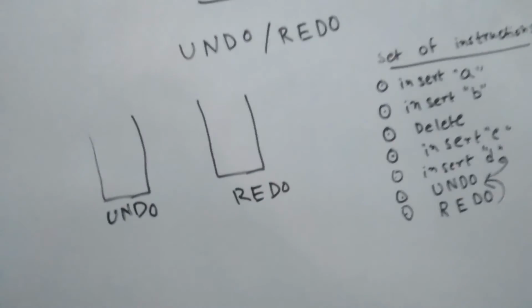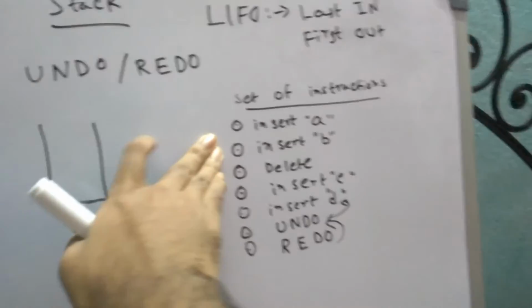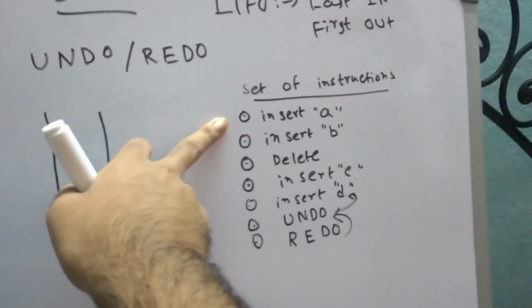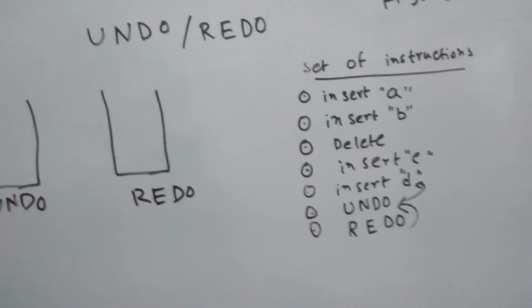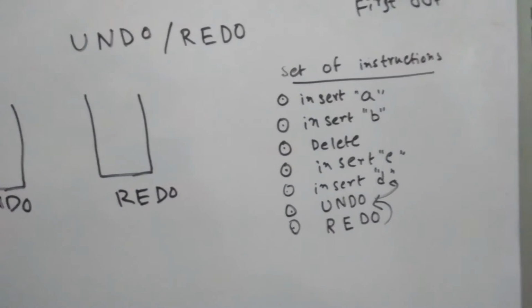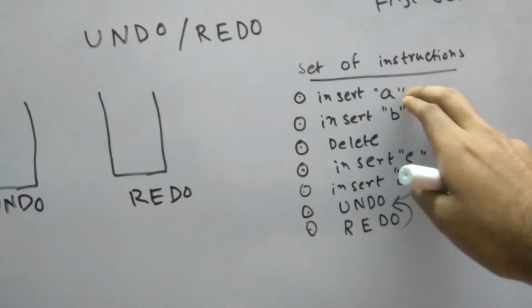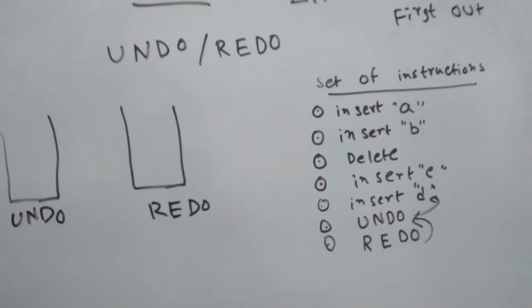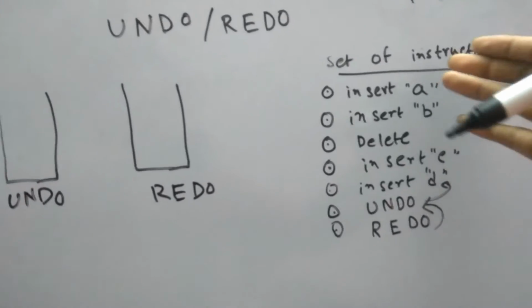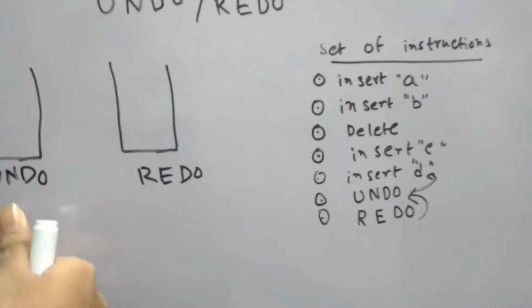What we will do in the undo stack is, suppose we have some set of instructions, we will store the opposite instruction of the specific instruction in this undo stack. And why is that? Let's think for a moment: if we have an insert operation and after this operation we have to undo it, how can we know what the reverse operation is? That will be fetched from this undo stack.